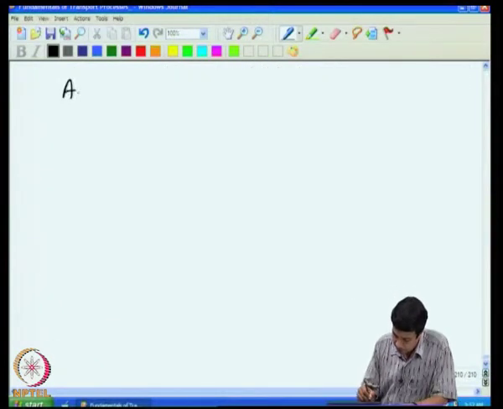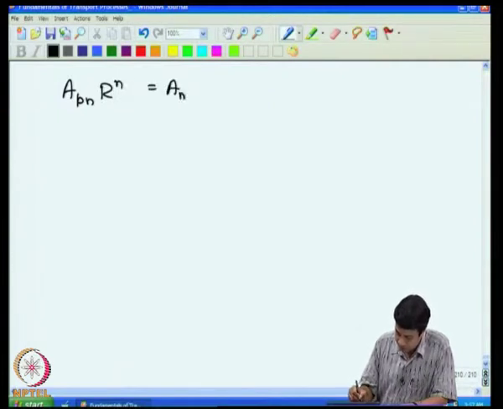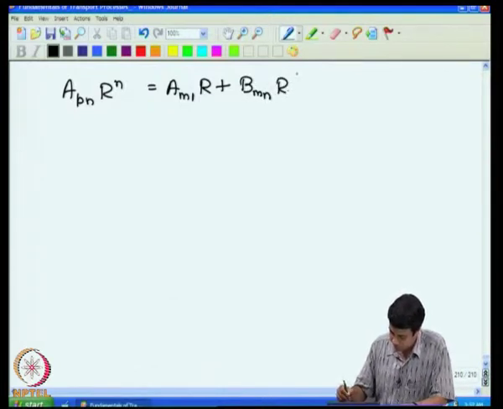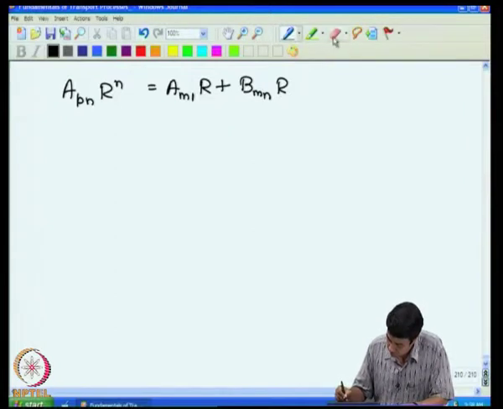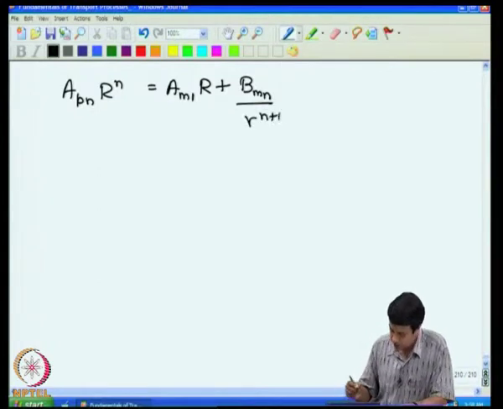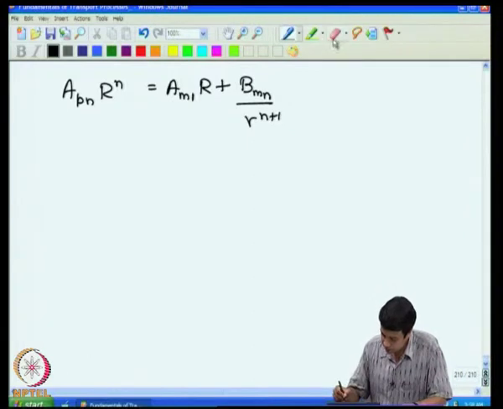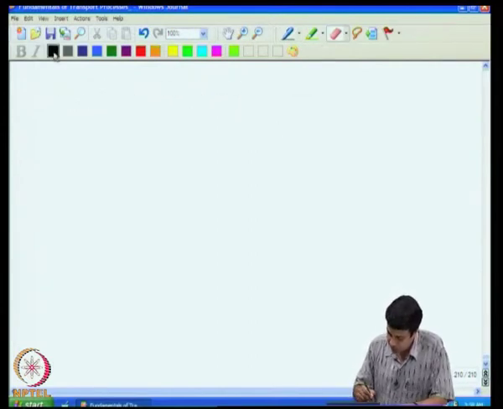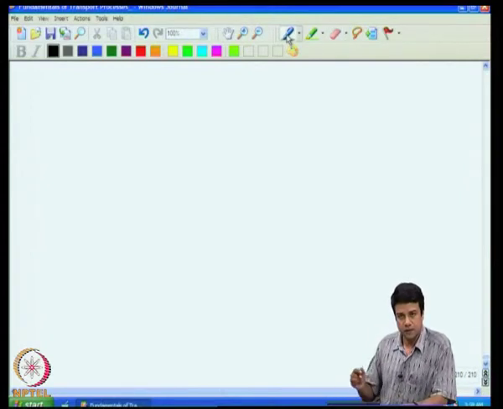So, I have A_pn r^n equal to A_m1 r plus B_mn by r^(n+1). Let us just write out the coefficients separately for n equal to 1 and for all other coefficients.